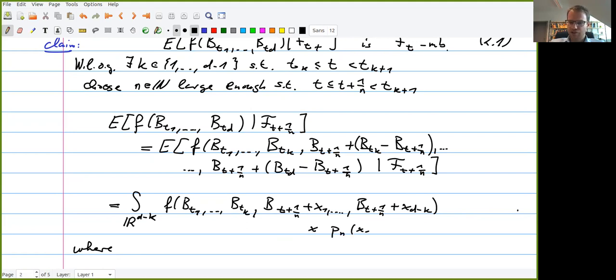For Brownian motion, this is just a normal distribution. So these p_n are just my normal distribution of these increments.